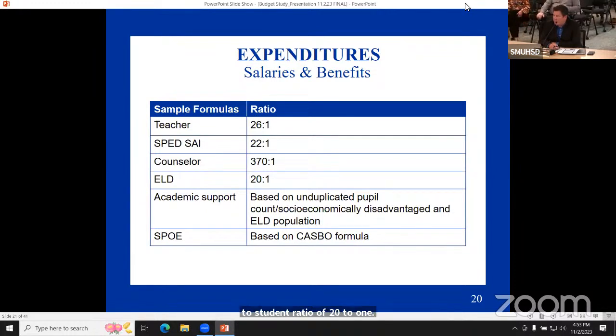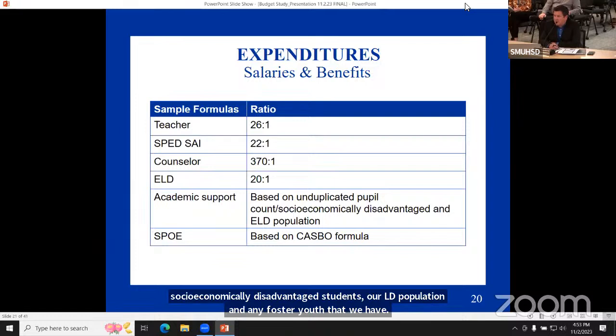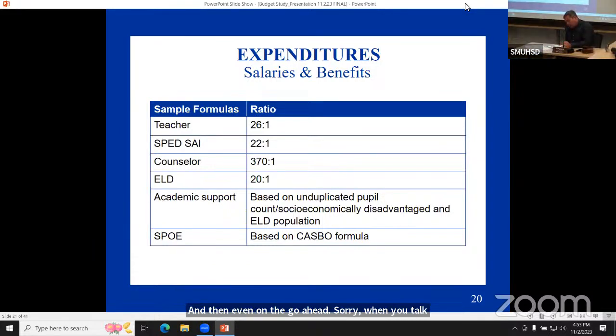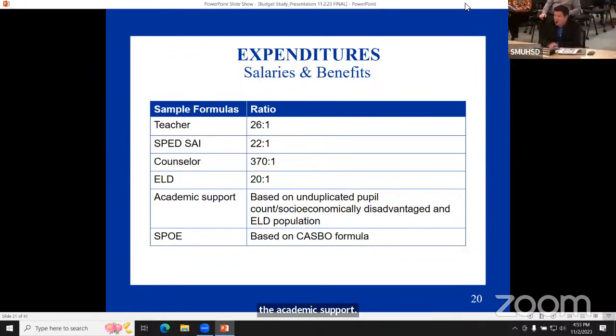Our academic support allocations are based on unduplicated pupils. As I noted, those are socioeconomically disadvantaged students, our ELD population, and any foster youth that we have. When you get to the academic support, what positions are you talking about? A lot of those are teacher allocations.